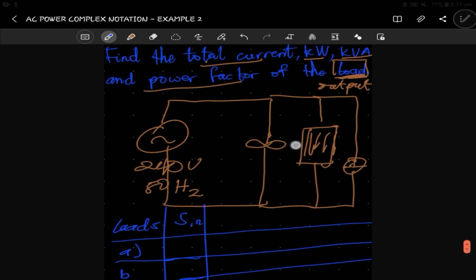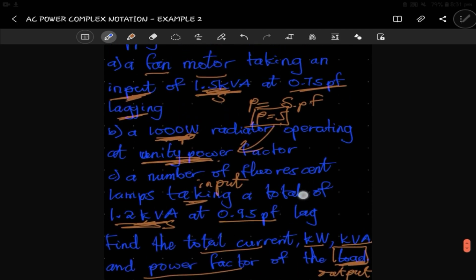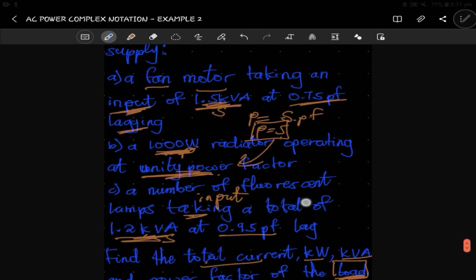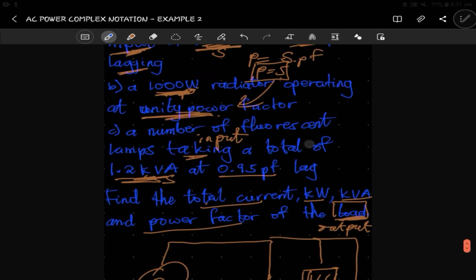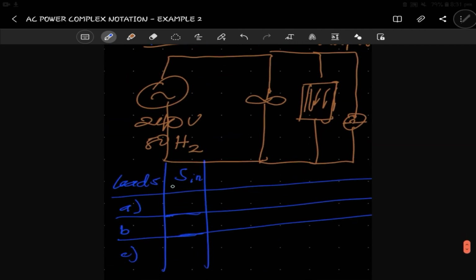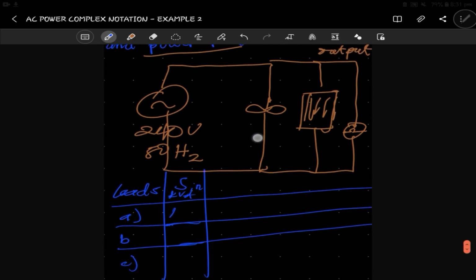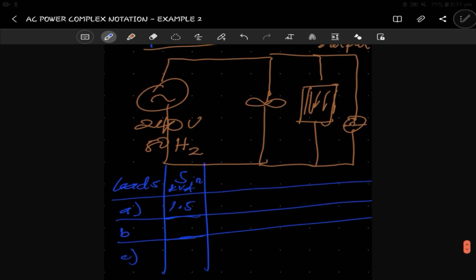So the first one, that's A. It says that the input apparent power is 1.5, in K, right? So let's write the unit to make sure everything is in kVA. 1.5, right?